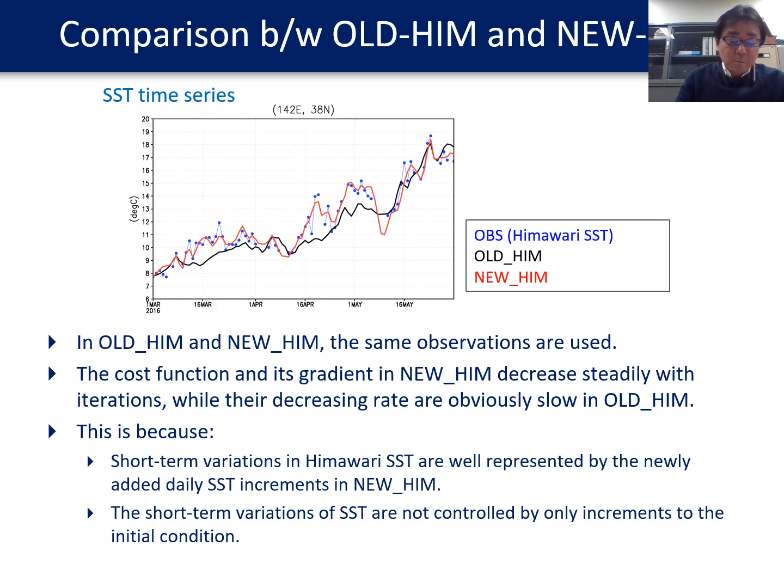Actually, if we compare SST time series of the two experiments and the Himawari SST observation at a specific point, you see that the SST in new HIM, shown by the red curve, represents the short-term variations in Himawari SST shown by this blue curve.